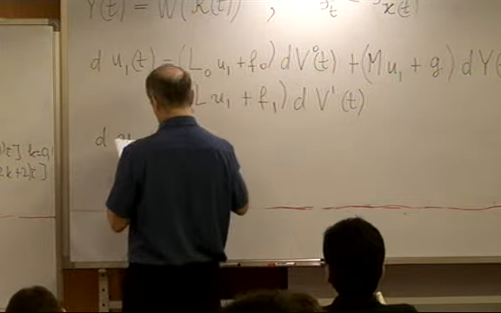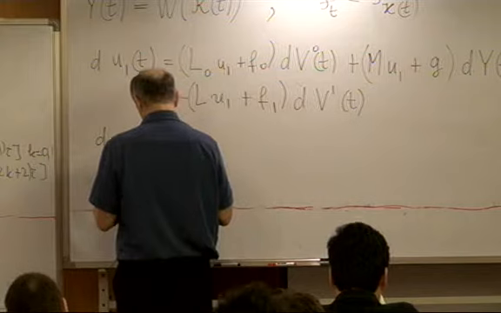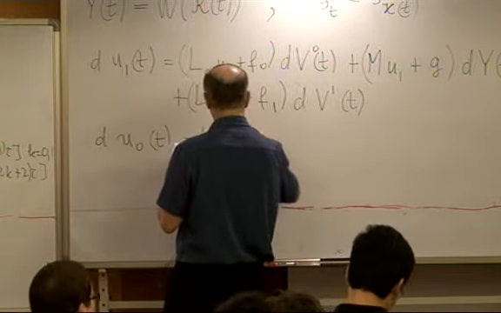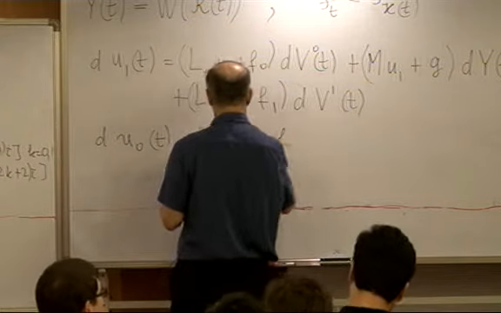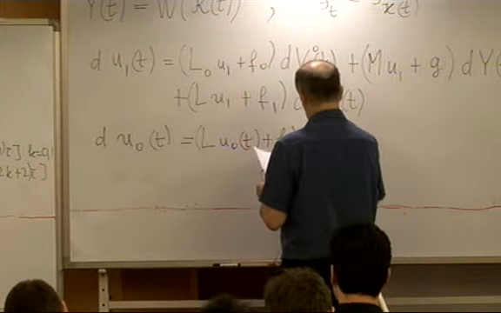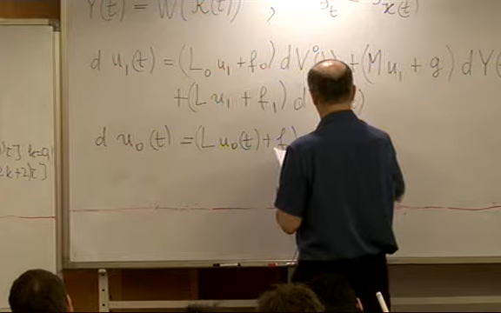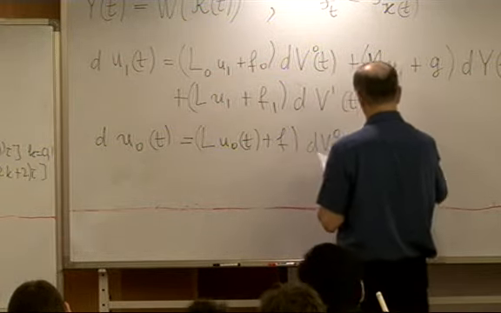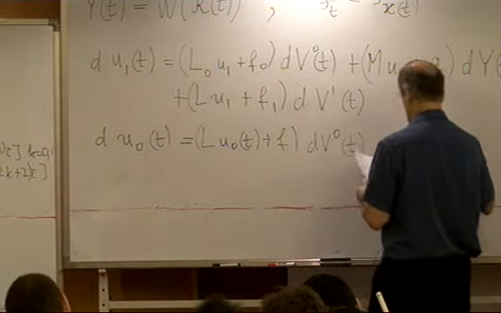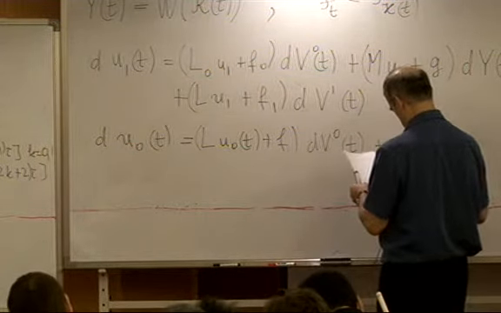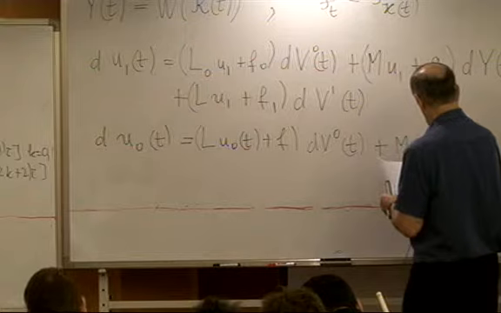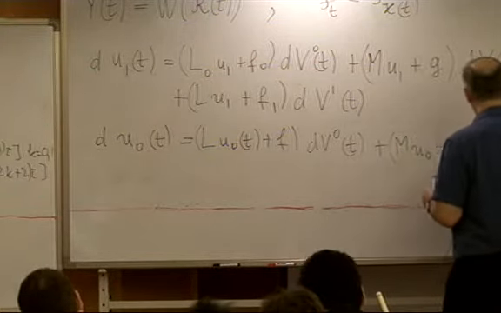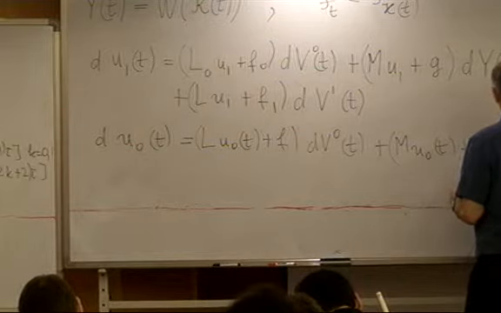So for that we write this is then the L0 t plus f v0 t plus m u naught t plus g dy t.